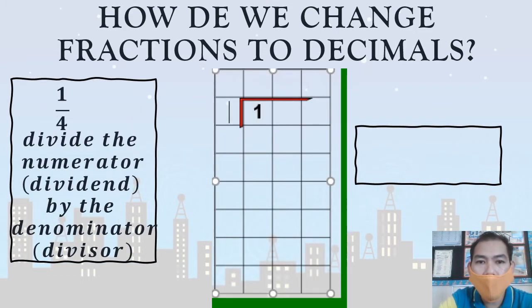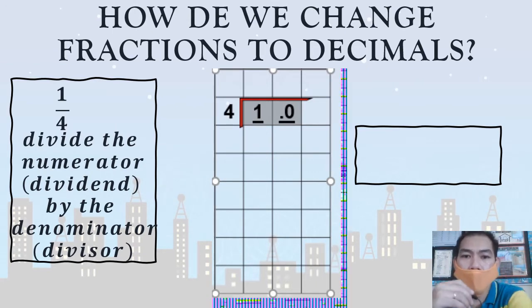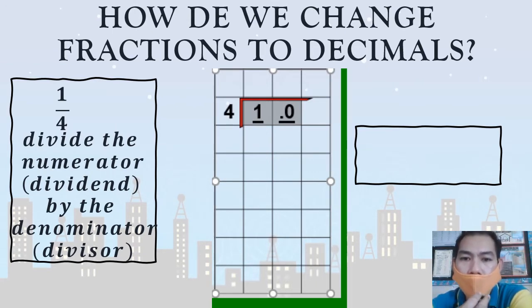Okay. So how do we change fractions to decimals? So we simply divide the numerator and the denominator. Look at the example. It cannot be, you just have to put 0 and then a decimal point. And then don't forget to write also the decimal point on top.